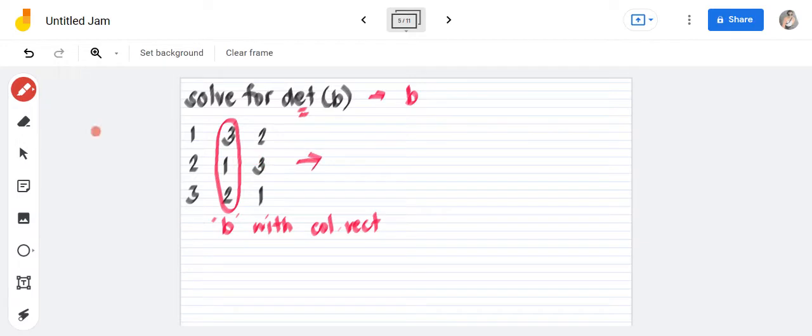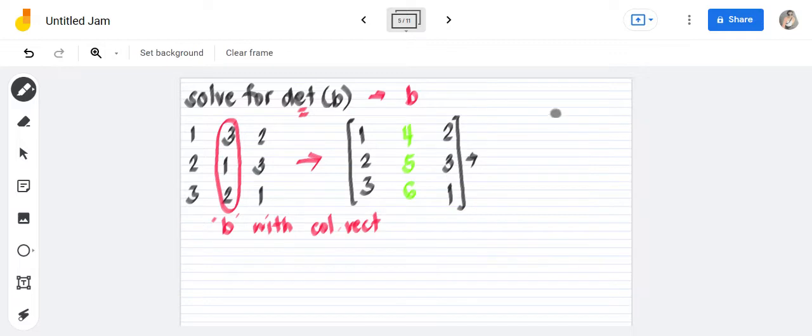So this matrix will become 1, 2, 3, then this column will now become 4, 5, 6, and then 2, 3.